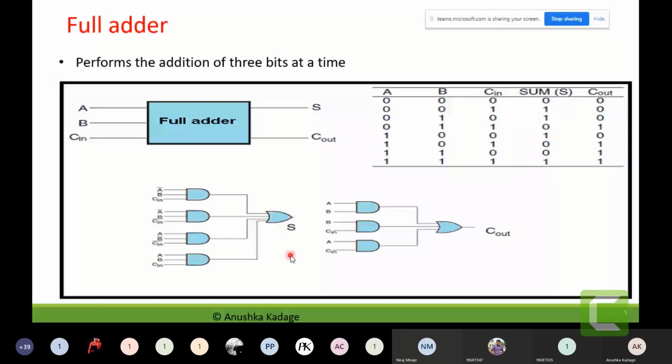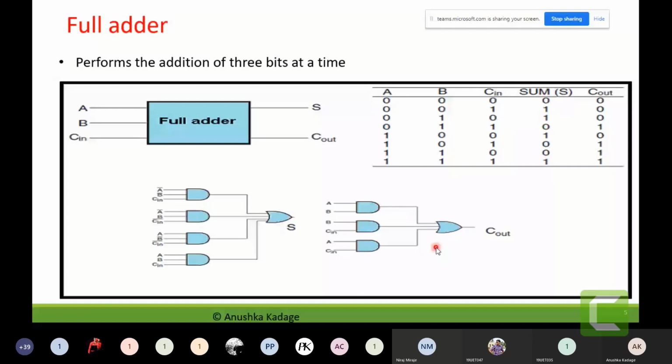In the same way, for the carry out, from the truth table, we have to look for the one output representation combinations of input. Corresponding to that, the product terms we first have to form, and all the product outputs have to be summed up finally to give the Cout representation in combinational circuit form.